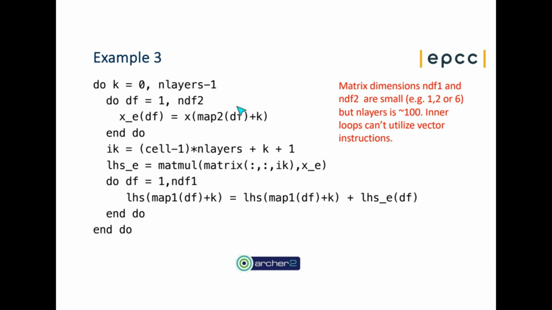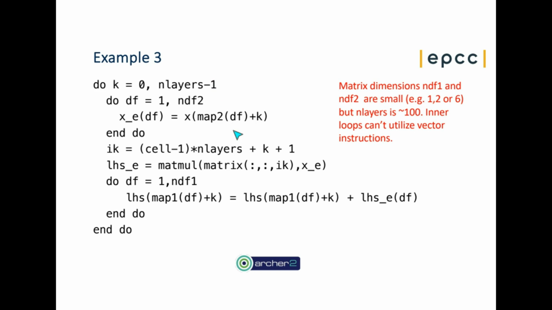So what we want to do is move this outer loop over K to be innermost, and then if I can get that to vectorize, it's long enough to actually benefit.